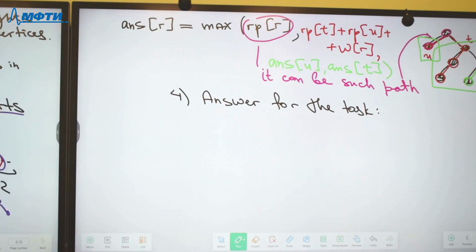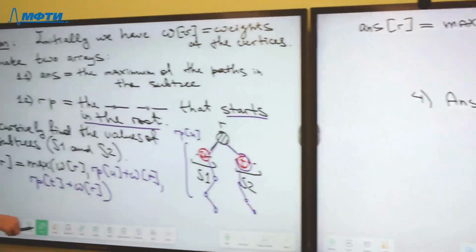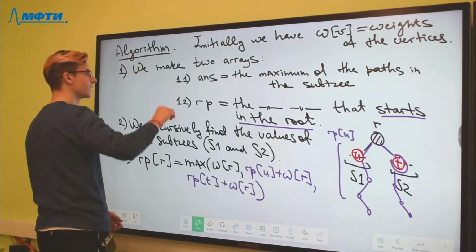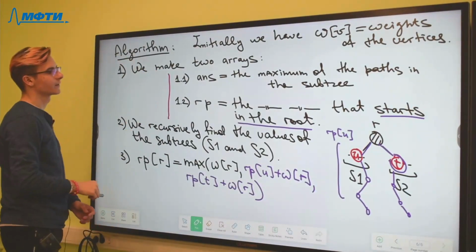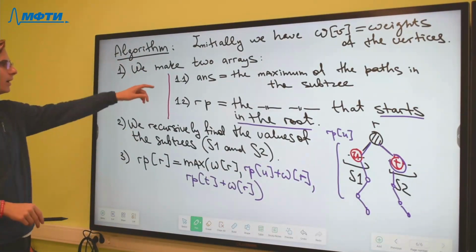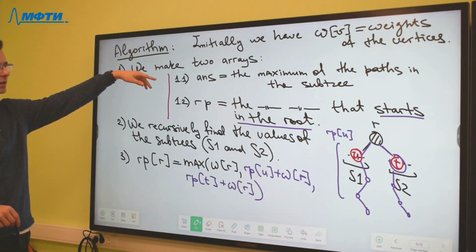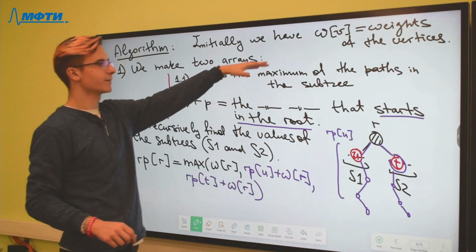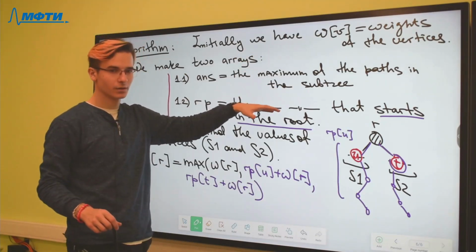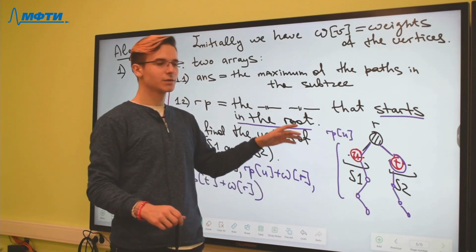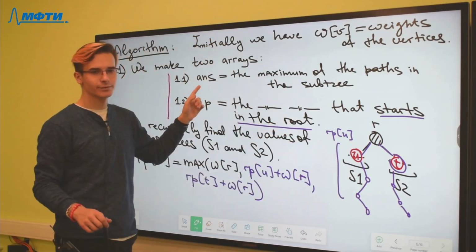We can see here that the answer for the tree is the maximum of the paths in the subtree. And to find the maximum in the tree, we need to get ans of what vertex?